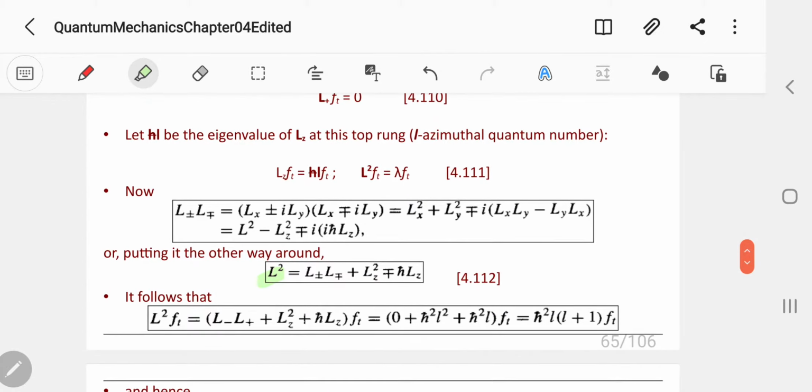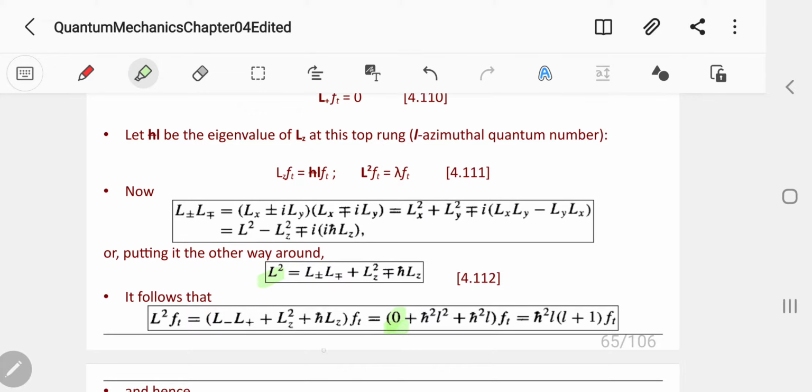So if you put the top rung operated by L square, you can use this: L minus L plus Lz square plus h bar Lz f top.